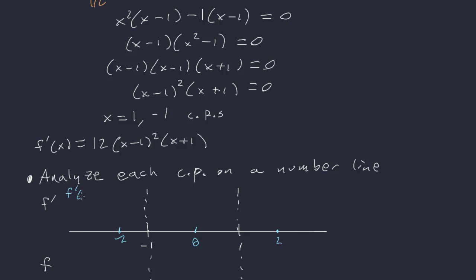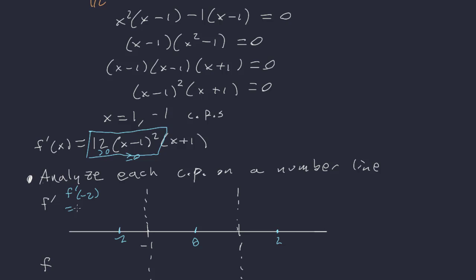So f prime of negative 2. Well, here's something to keep in mind. This piece, 12 times x minus 1 squared, is always going to be greater than or equal to 0. 12 is always positive. Something squared is always greater than or equal to 0. So whether this is positive or negative is completely determined by x plus 1.